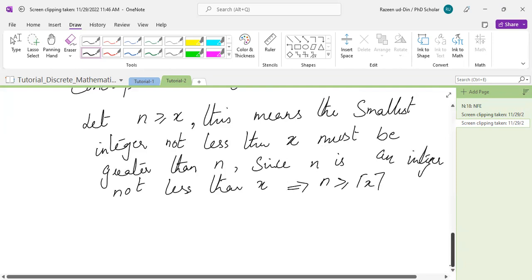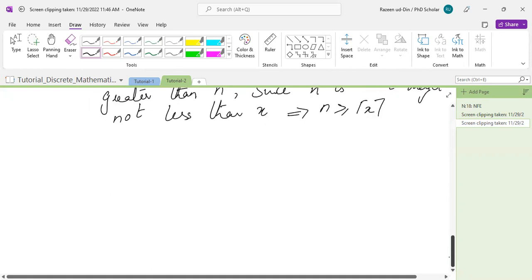So that's the definition of ceiling, the smallest of all integers which are greater than or equal to x. Okay, so this concludes the part as well.